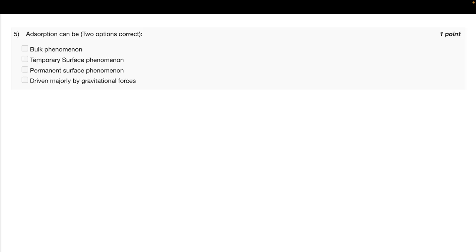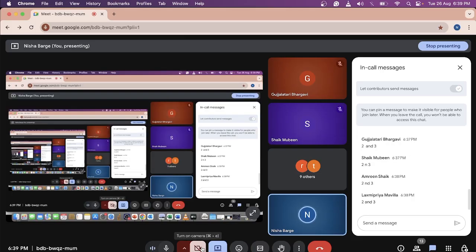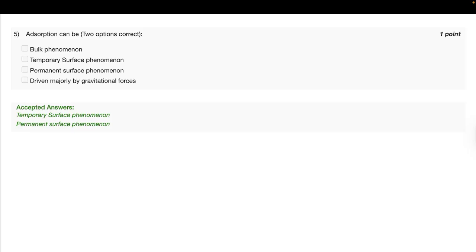Okay, let's look at the correct answers. Both of you are correct. Others are also answering 2 and 3, so all of you are correct. The correct answer is temporary surface. So adsorption is, first of all, a surface phenomenon. The first option is already gone.